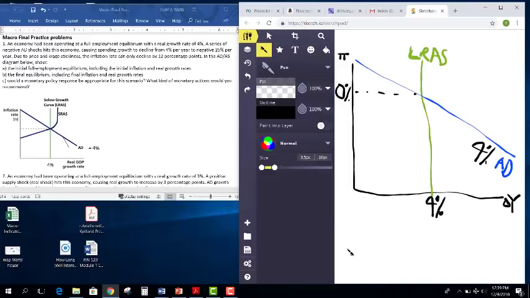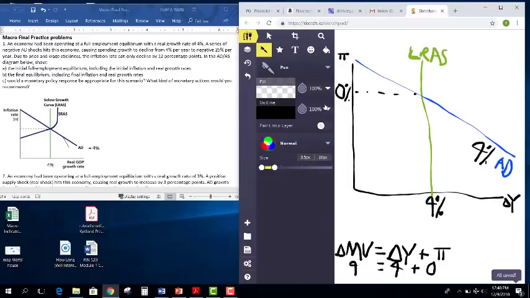Spending growth, which I'll label delta MV, equals real growth, which I'm going to label delta Y, plus inflation, which I'm going to label pi. Okay, so my spending growth at 4% equals my real growth at 4% plus my inflation rate at 0, of course.